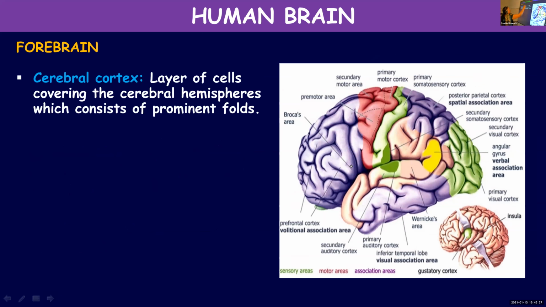Now next is about cerebral cortex. Cerebral cortex is a layer of cells which covers the cerebral hemispheres, and it consists of prominent folds. You can see in the figure that the cerebrum does not have a very smooth surface, but is provided with so many furrows, like wrinkles.